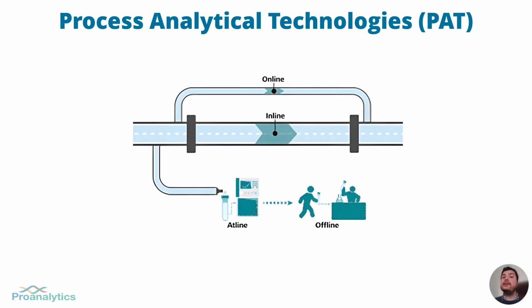Atline measurements refer to the measurements done by analyzers that are close to the reactor, getting measurement data in minutes to hours. Offline measurements result in even longer delays in the processing of the sample. Therefore, in-process control strategies can only be enabled by inline or online measurements.